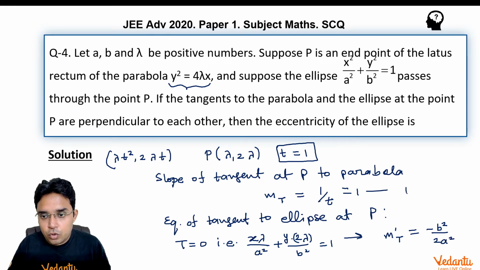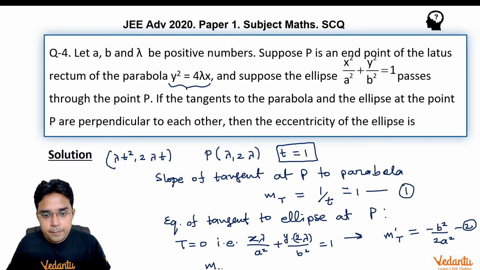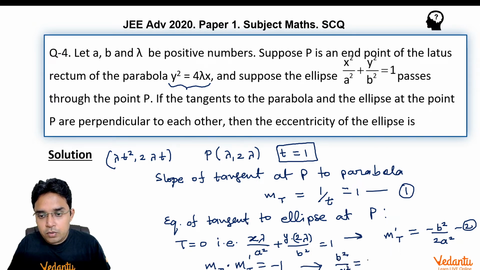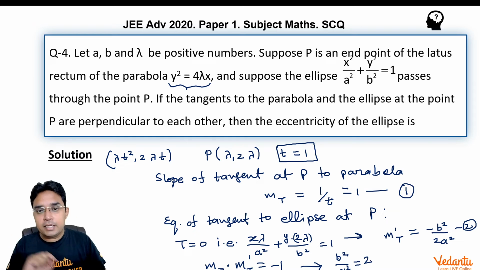Now we have two slopes given by equation 1 and equation 2. As it is given, they are perpendicular to each other, so the product m_t into m_t dash should be minus 1, and if you simplify it, you get b square upon a square is equal to 2. This tells you one very important thing, that b square is greater than a square.